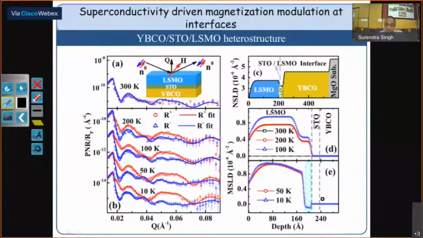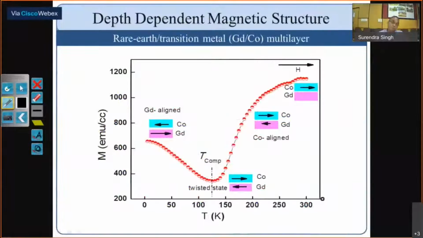Okay. So let us now move to another system, where we are using another strength of polarized neutron reflectivity, which is how to get depth profiling of the magnetic structure. Till now, I was talking about magnetic moments which are totally aligned along the field direction.